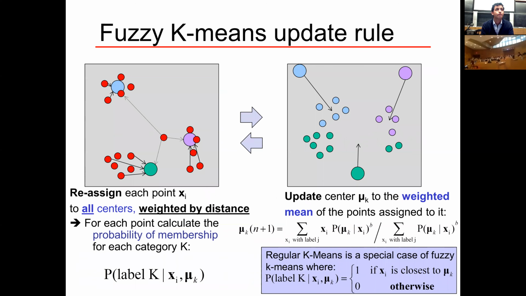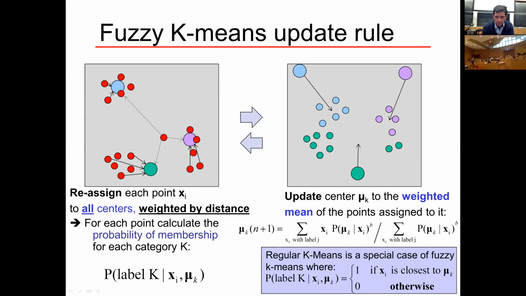Any other questions? So basically, again, when we're reassigning every point, we assign it to all of the centers weighted by their distance. So for every point, I calculate the probability of membership for each category, which is simply some probability of being in label K, given my point coordinates and the centroid coordinates.